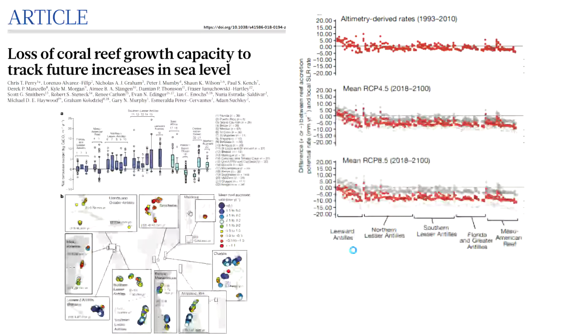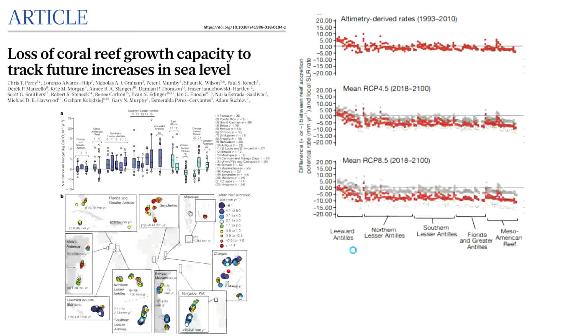But as we move forwards towards the end of the century, and look at some accelerated sea level rise rates through further warming and potentially significant melting of polar ice sheets, the amount of accumulation of the corals can't keep up with the sea level rise.